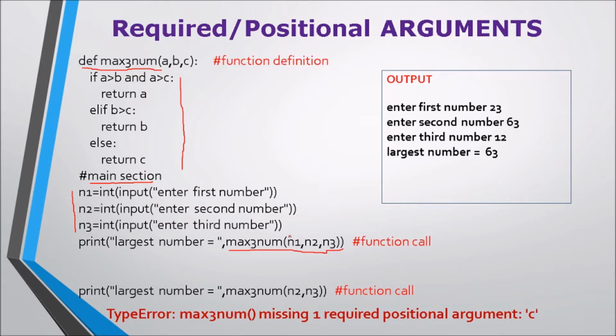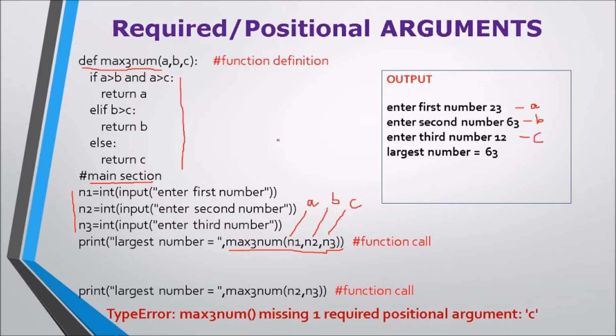The first value goes to A, the second value goes to B, and the third value goes to C of the function definition. So when I give the numbers 23, 63, 12, this 23 goes to A, this 63 goes to B, and this 12 goes to C.